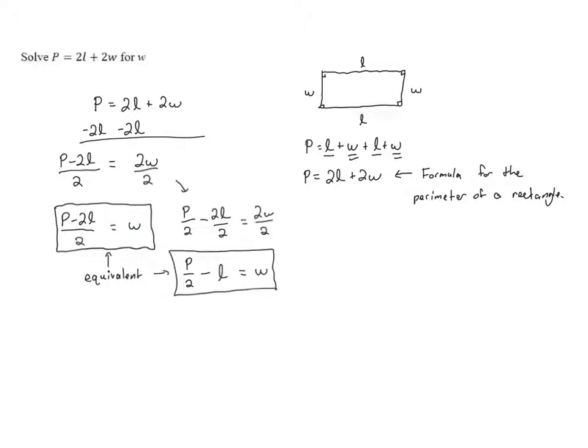Suppose we're making a garden and we have so much fence for the perimeter, and then we know the length has to be a certain length, and we want to figure out how much width there is space for with the fencing. We would take the perimeter and then subtract twice the length, and if you divide that by 2, it tells you what width you're able to make your garden. So it's very useful in different circumstances to take one formula but solve it for a different variable, because a different situation might want us to be figuring out the value of a different variable.